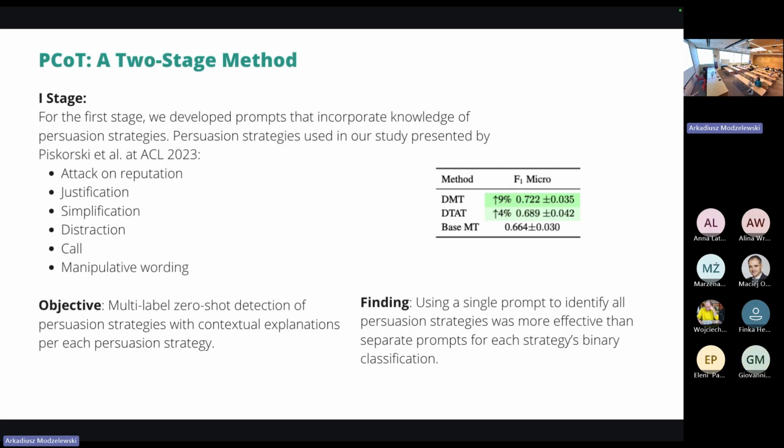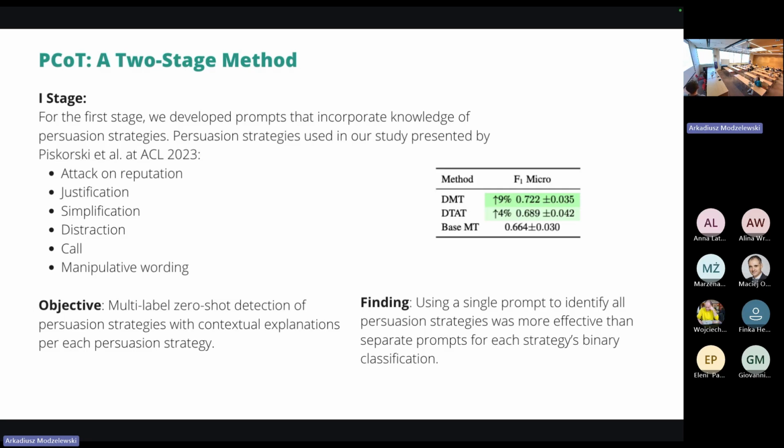So the objective in the first stage was to do multi-label zero-shot detection of persuasion strategies with additional contextual explanation for each persuasion strategy. In this table, you can see results from 3 different approaches I checked.